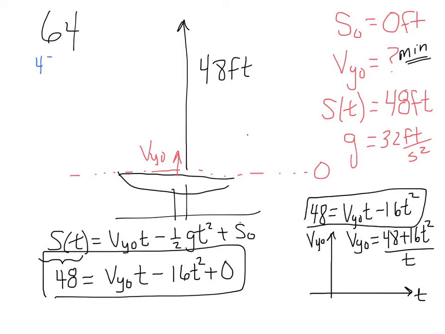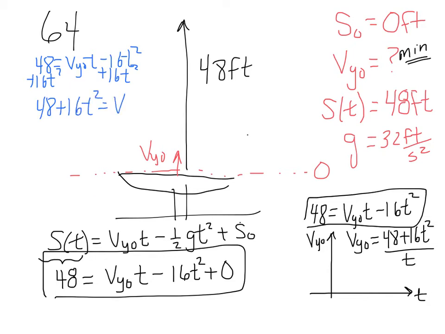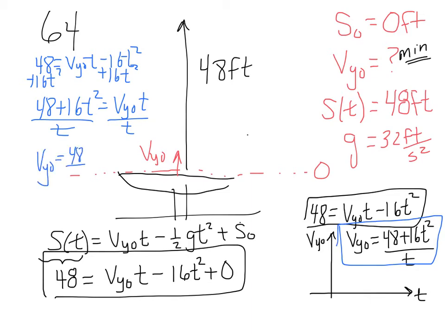We have 48 equals VY initial t minus 16t squared. We add the 16t squared to both sides, and you get 48 plus 16t squared equals VY initial t. Divide both sides by t, and you end up with this function: VY initial equals 48 over t plus 16t.